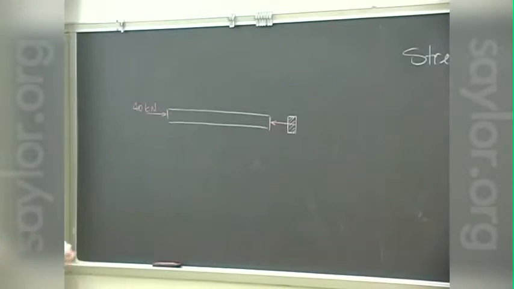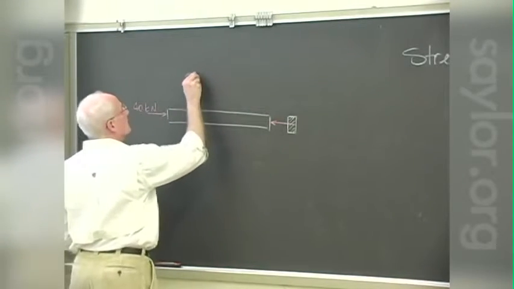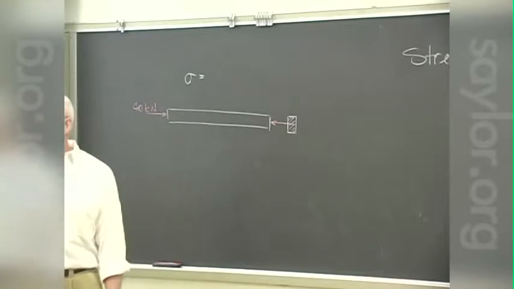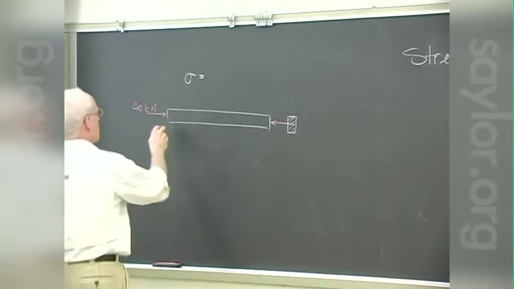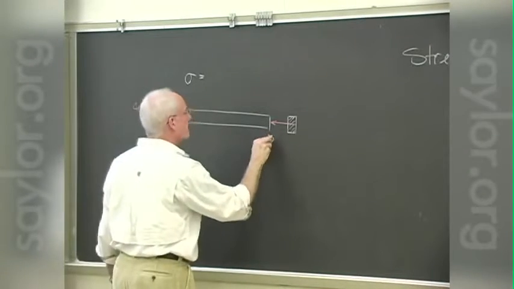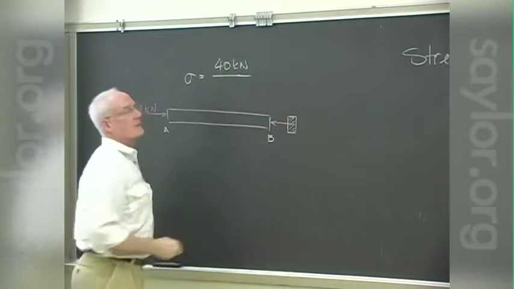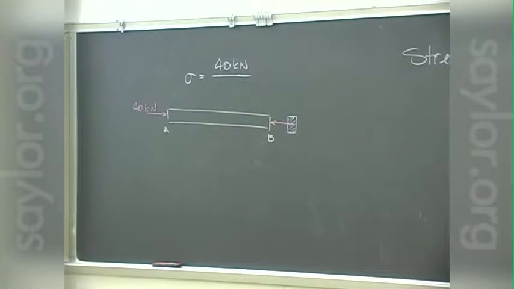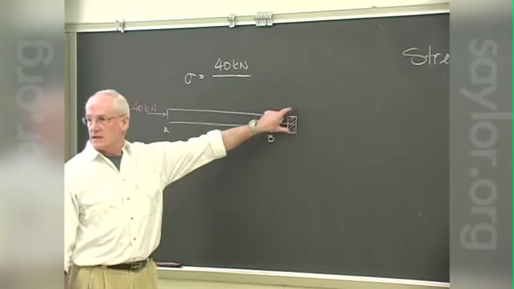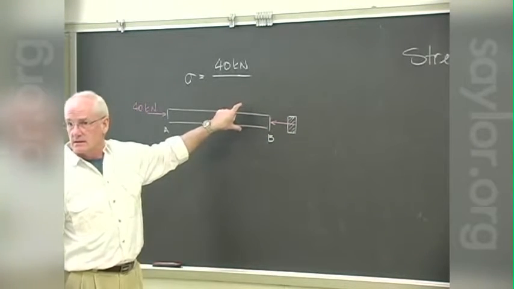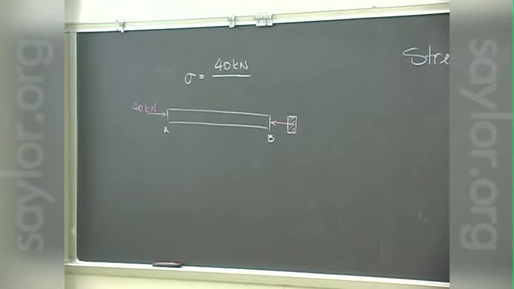So what now is the compressive stress in this piece through the center of the piece AB? It's got to maintain the 40 kilonewtons, but over what area? It's this cross-sectional area here, so it's the thickness times the depth.